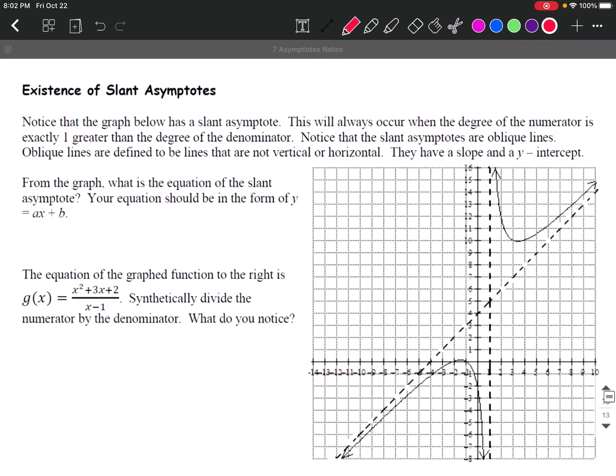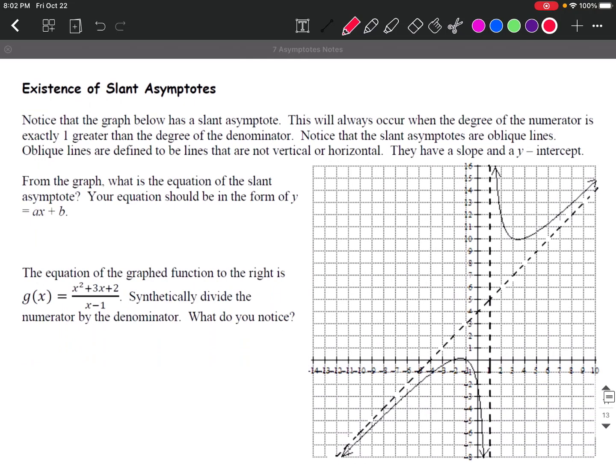Do you know there's another type of asymptote? That would be called a slant asymptote. They're also sometimes called oblique asymptotes, and I'm going to tell you why in a minute. So notice that the graph below has a slant asymptote because the line is slanted. Here it is.